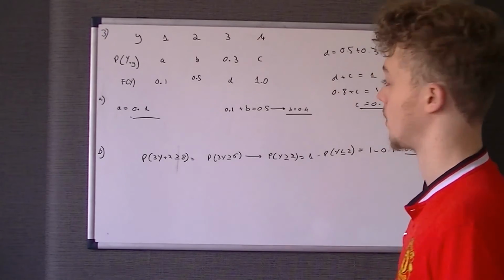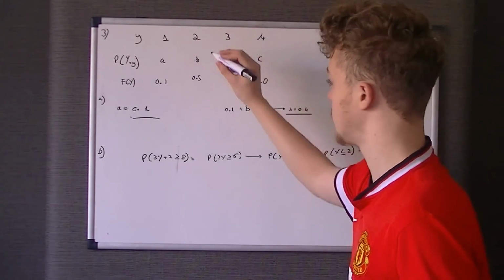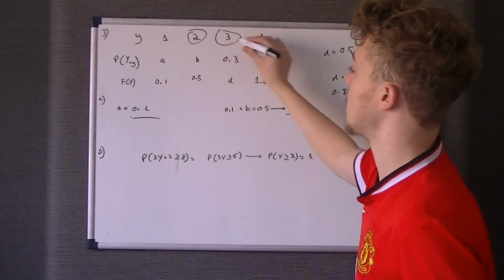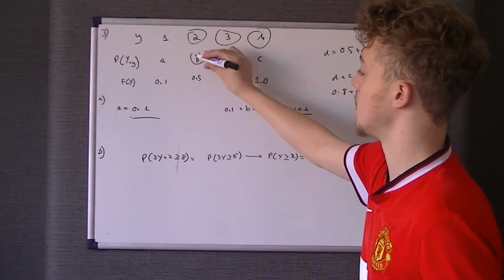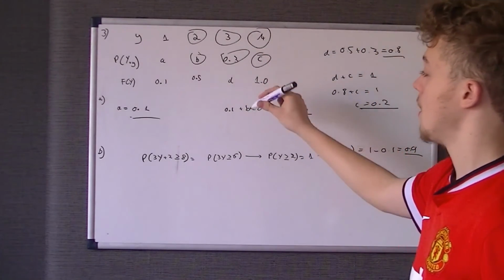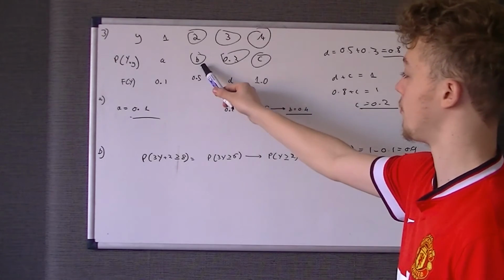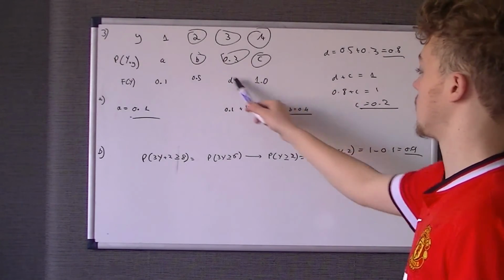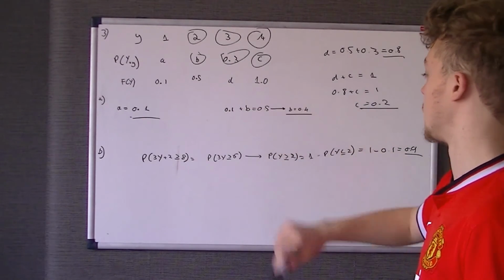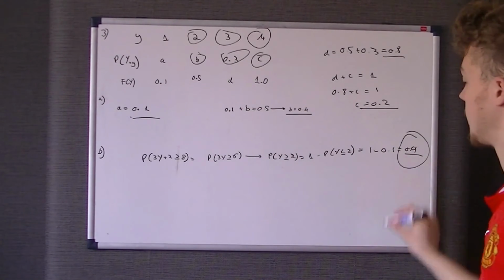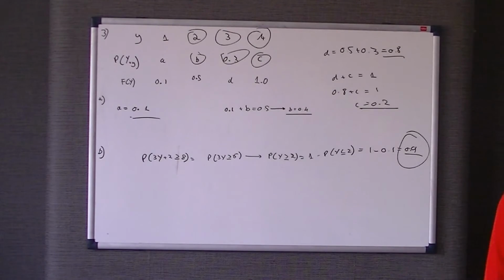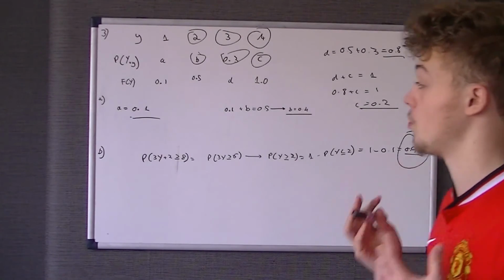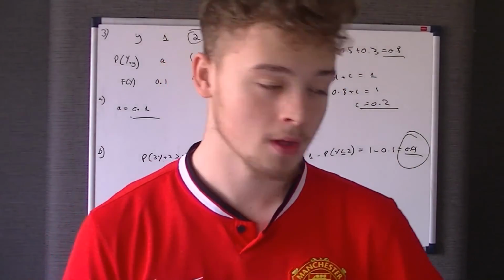Because if y is greater than or equal to 2, it's the probability of 2, plus the probability of 3, plus the probability of 4, which we know is B, plus 0.3 plus C, and we know B to be 0.4, so it's 0.4 plus 0.3 plus C, which is 0.2, so it's 0.4 plus 0.3 plus 0.2, which gets you 0.9.